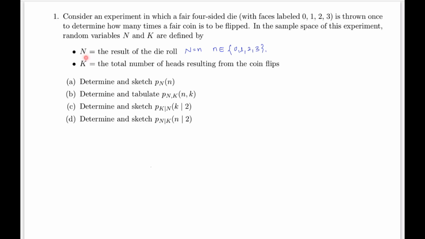So this is how it has been defined. n is the result of the die roll, so maybe n can take the value 0, or 1, or 2, or 3. That is why, combined, I have written that n takes the value little n, and this little n belongs to this set.